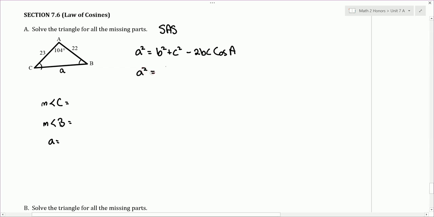So A squared is 23 squared, plus 22 squared, minus 2 times 23 times 22 times the cosine of angle A, which is 104.